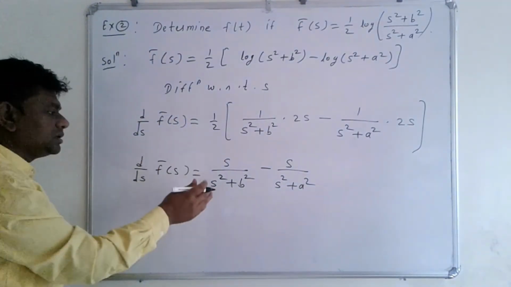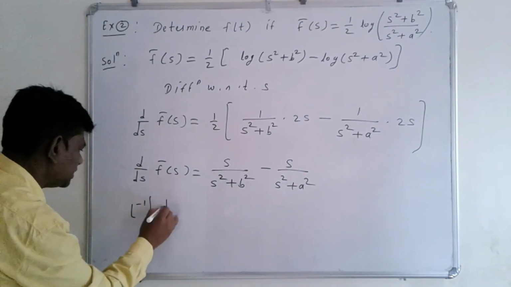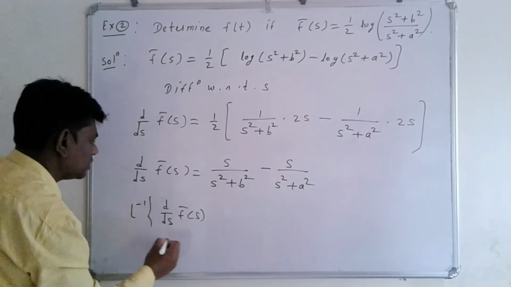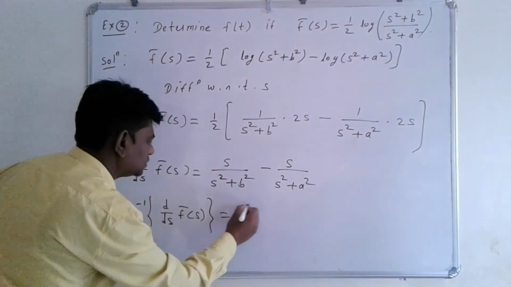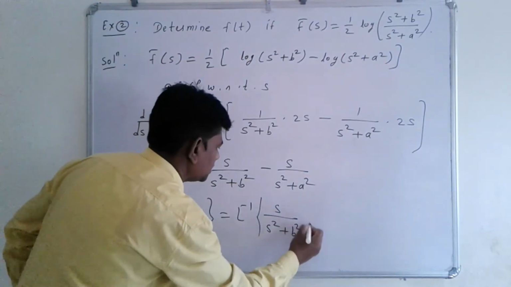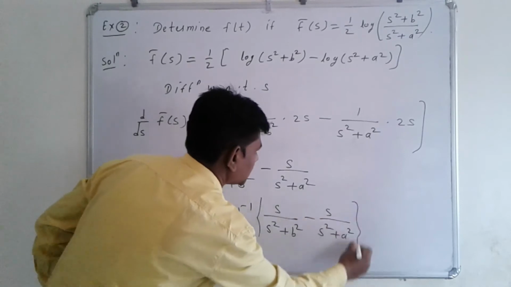Now by applying L inverse to both sides, the L inverse of d by ds f bar s is equal to L inverse of s upon s square plus b square minus s upon s square plus a square.